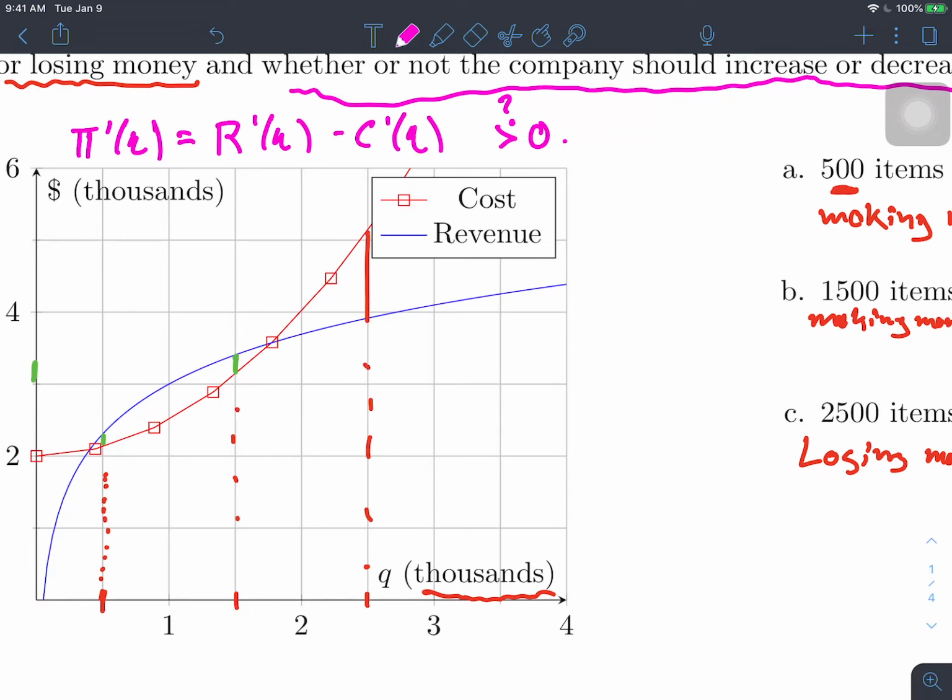at the given x value, is the slope of the blue curve greater than the slope of the red curve? If so, we're in good shape. And moving forward, the distance between those two graphs is going to increase.